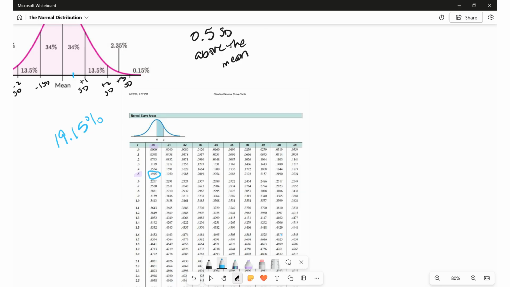So let's say that we wanted to find, let's find the percent of data that is between 0 and 1.52 above the mean.